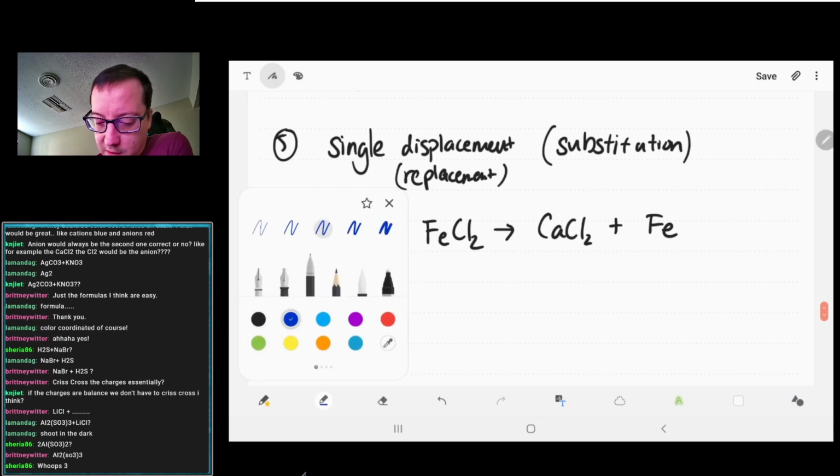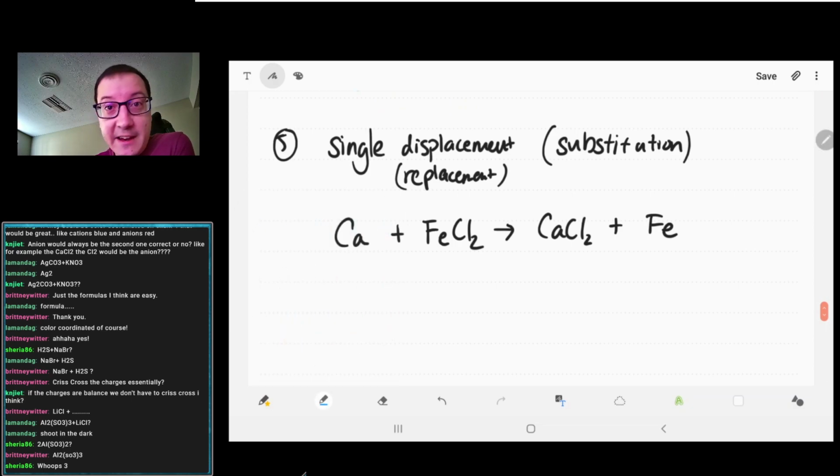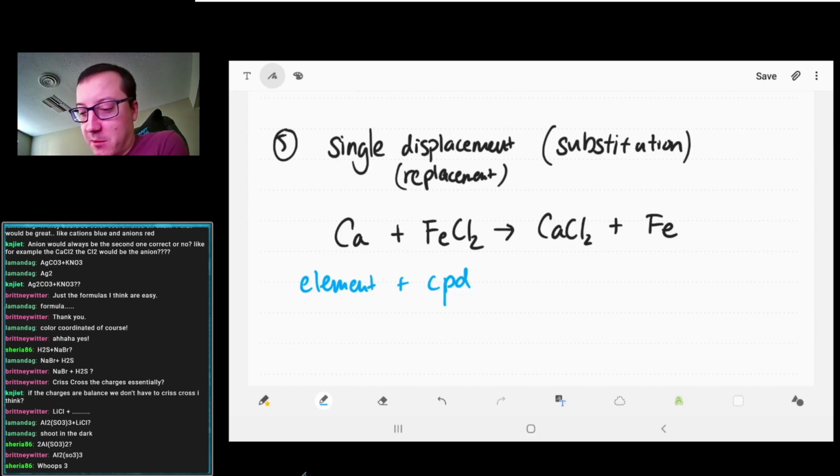So how we can identify these, by the way, we have an element plus a compound. Compound is abbreviated CPD, at least for me. So that's what I mean by that. We produce a compound plus an element.